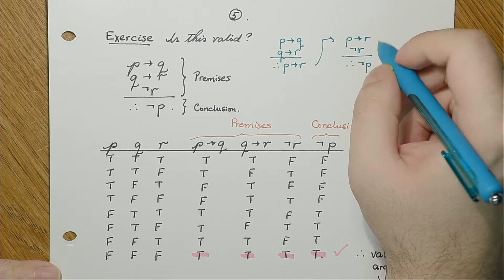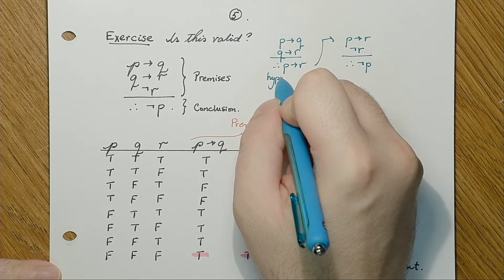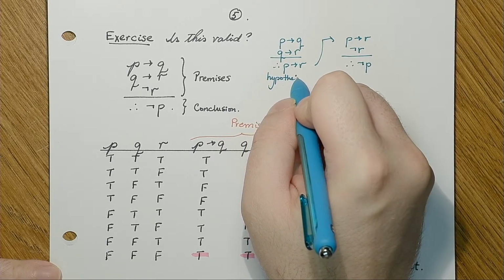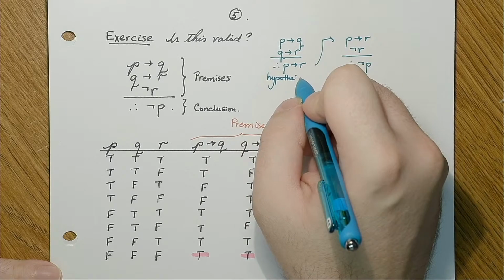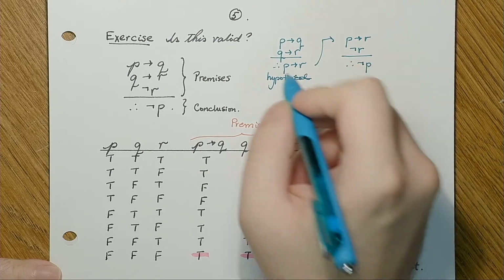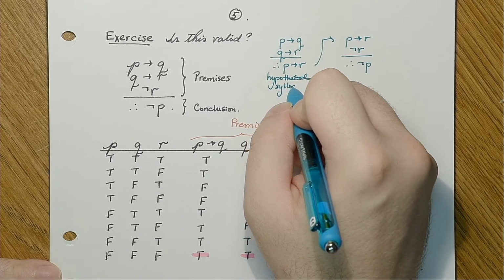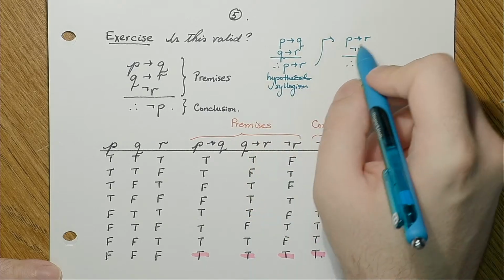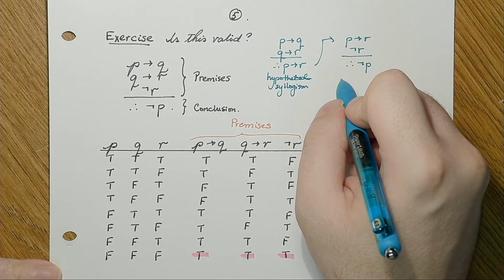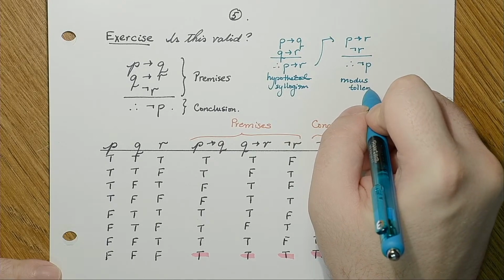So this is the hypothetical syllogism. Then over here, this is modus tollens.